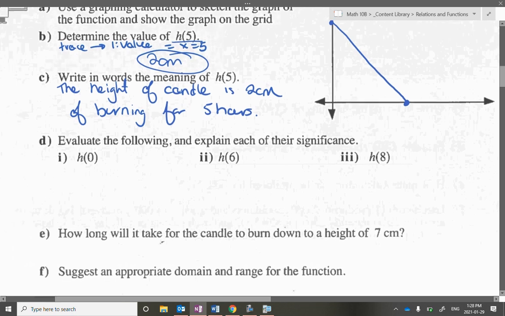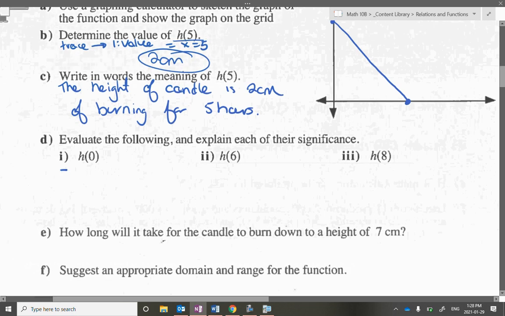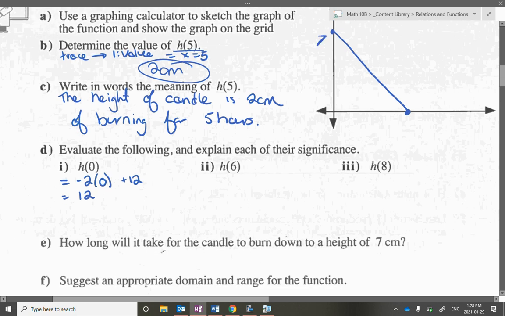So just as a review, if we were doing it algebraically, I would do -2 times 0 plus 12. So my answer then is just 12. So that point is our y-intercept at 0 and 12, which is the starting height of our candle.